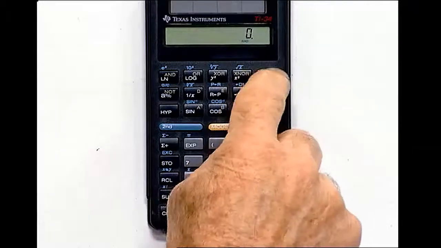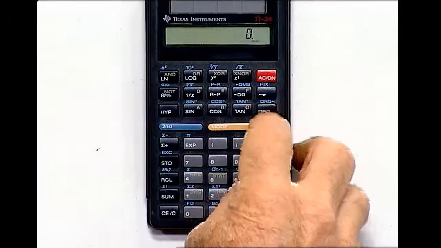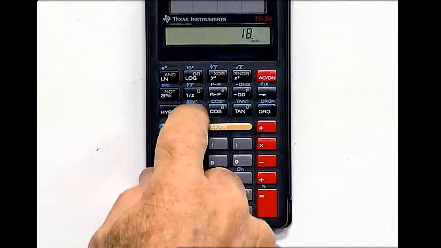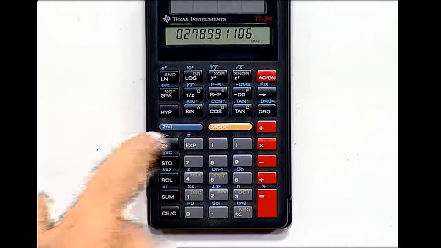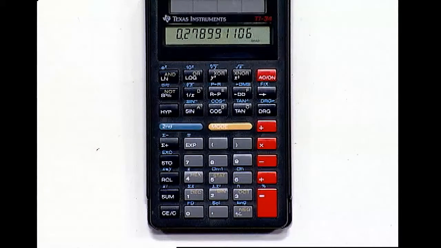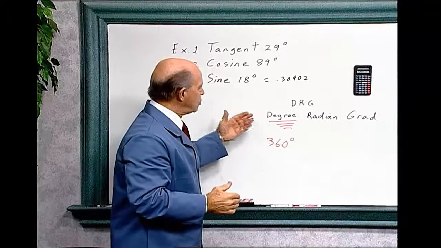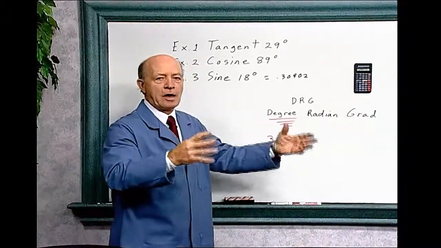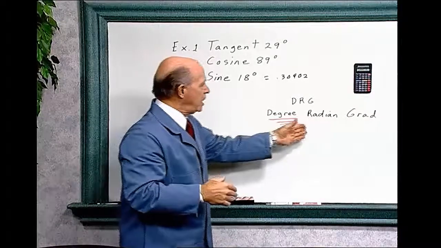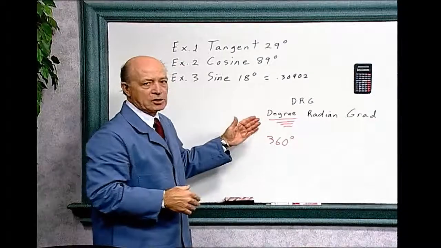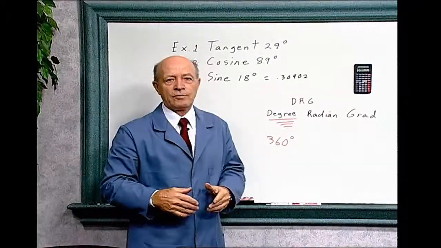We can clear this and put it over here, and sine of 18, and we're also going to get a different number here, 0.27899. So it's critical to make sure you're always on degree. Maybe later on in higher mathematics, you'll be using radian and grad, but right now, always use degree. Make sure your calculator is on degree.